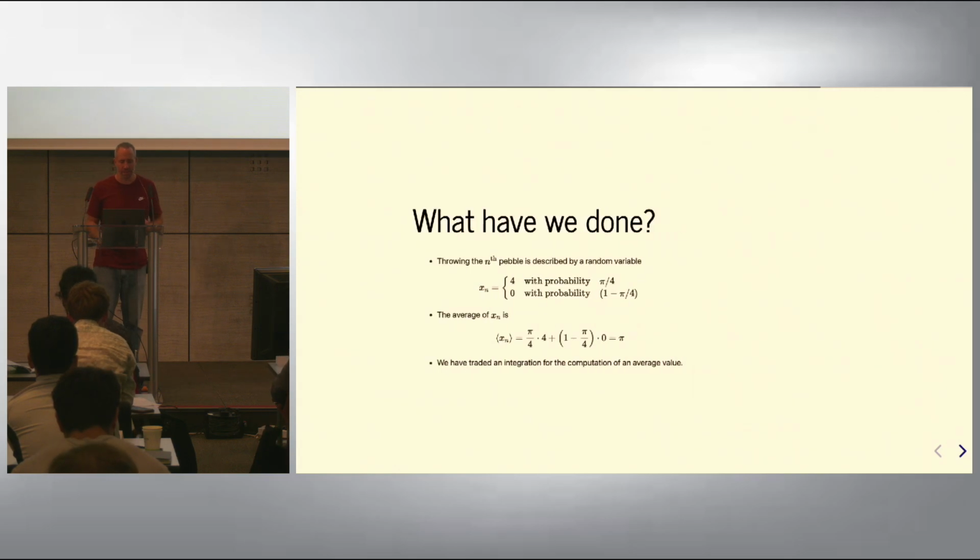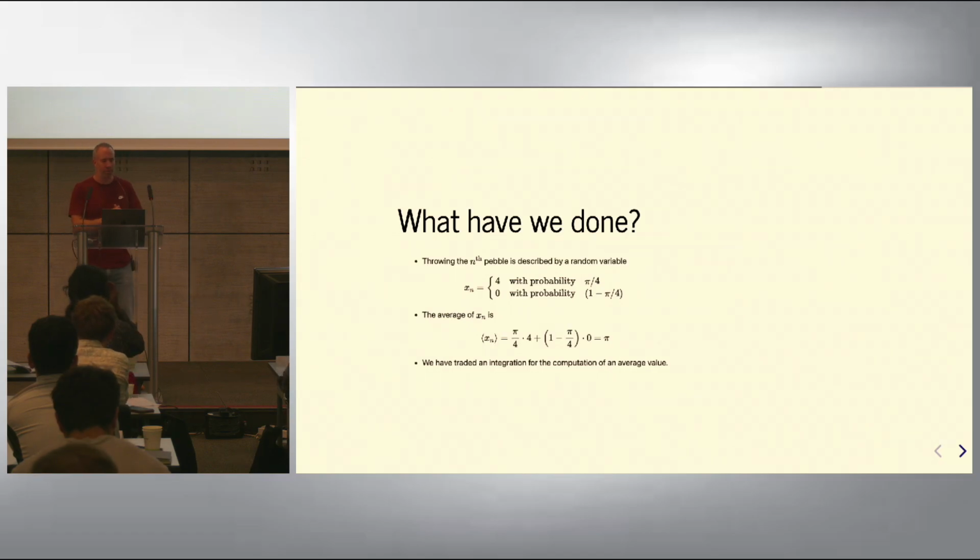So let me try to make this slightly more formal, maybe mathematically, and describe this throwing of a pebble by a random variable. So the nth throw of a pebble is this random variable x_n. It can take two values, either value 4, and this happens with probability pi over 4. This is falling in the circle. And it takes value 0 with the remaining probability.